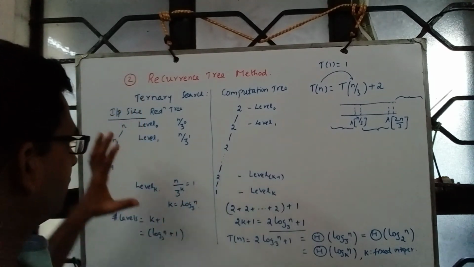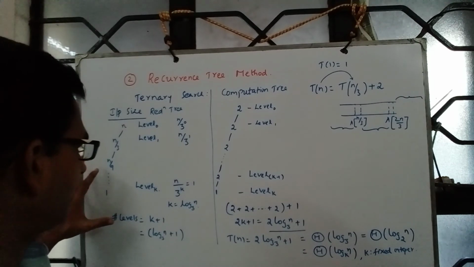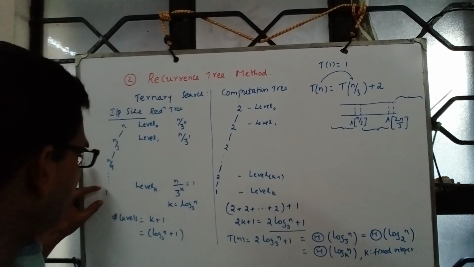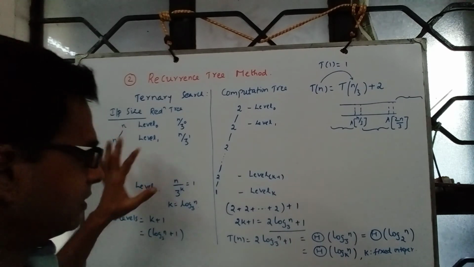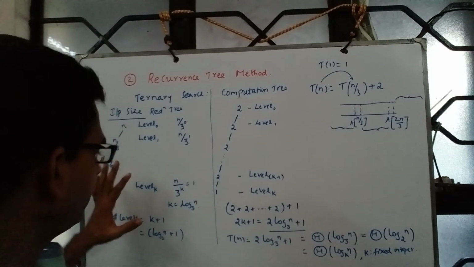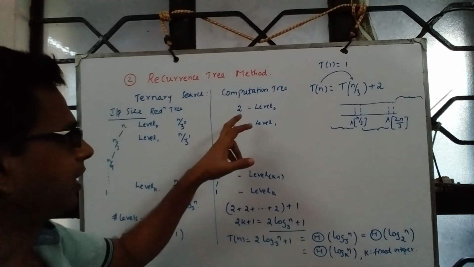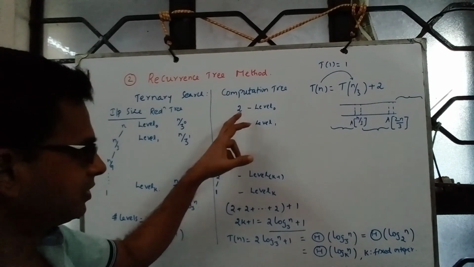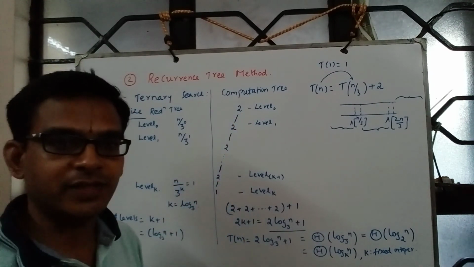So there are two things. One, how the input size is getting decreased at each level, and when does it reach T of 1 subproblem. That is the input size reduction tree. This will tell you when the recursion stops and so on. But as part of the computation tree, this is what we need, because T of n represents the total number of comparisons.